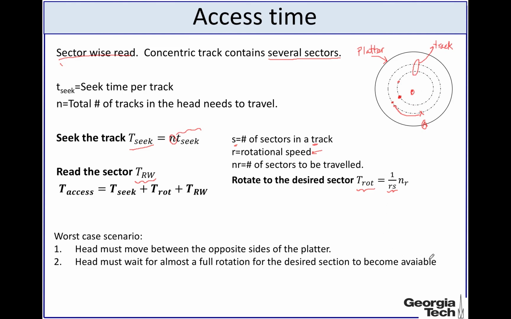So say for example your initial location is here and your head moved here, but the desired data was here, so the entire disk had to make a full rotation such that this sector comes under this head.